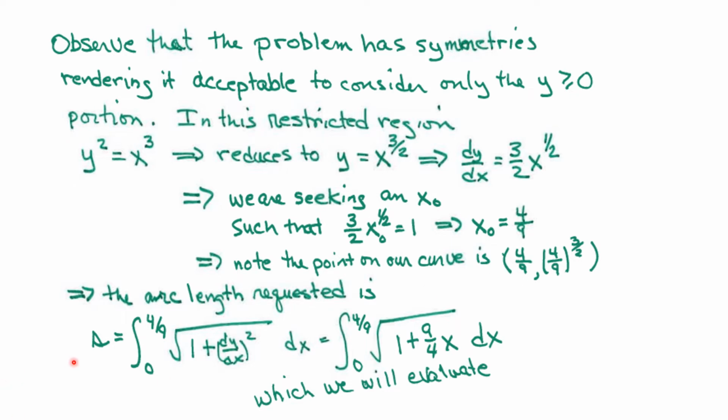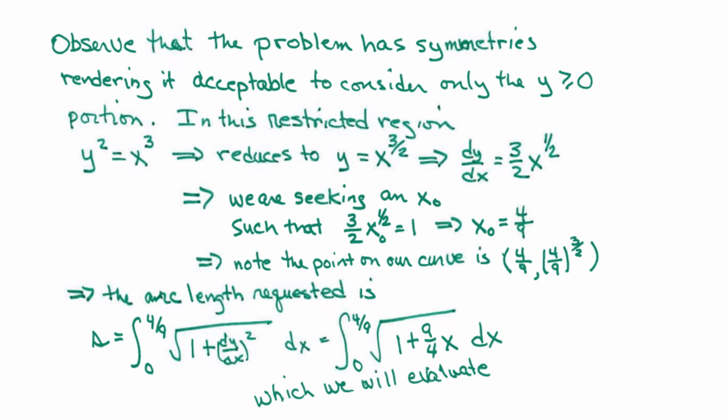So we know that the arc length requested is the integral from 0 to 4/9, because that is the point we needed, of the square root of 1 plus (dy/dx) squared dx. We know that dy/dx is this, so when you square it, you get 9/4 x. So this integral is the integral from 0 to 4/9 of the square root of 1 plus 9/4 x dx.